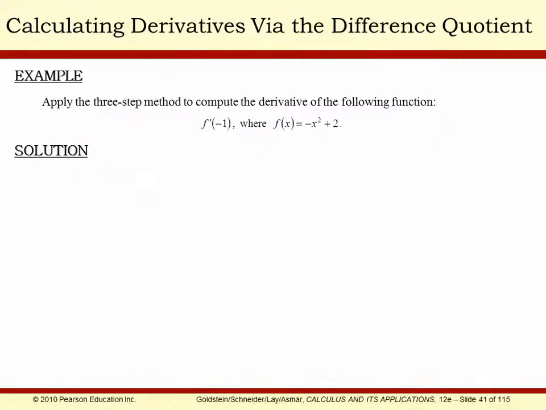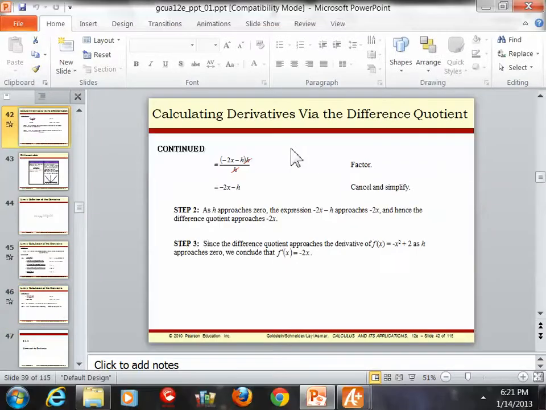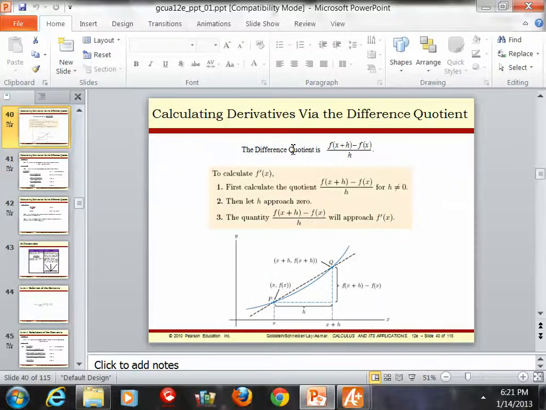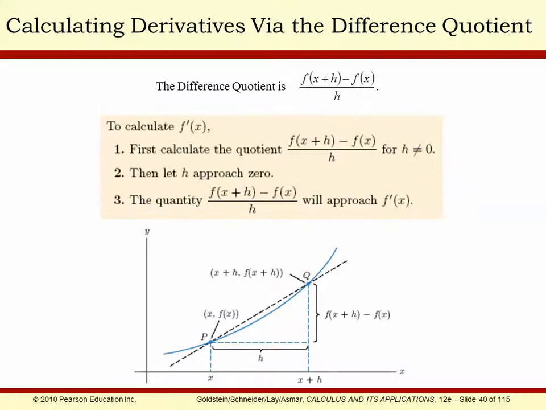Now, calculating derivatives via the difference quotient, this is where the derivative comes from. Most of the course we're not going to be using the difference quotient, but this is where the idea of the derivative comes from.